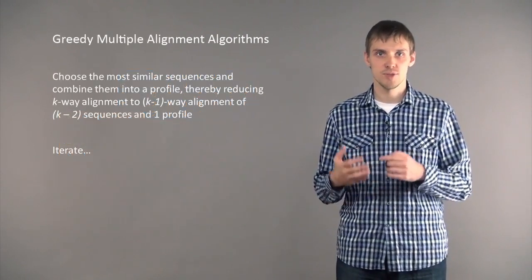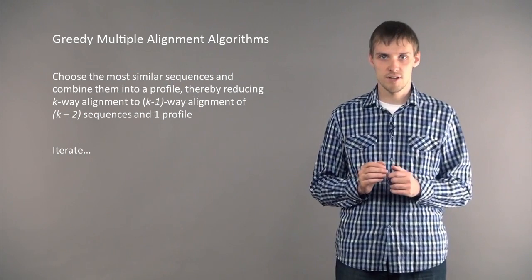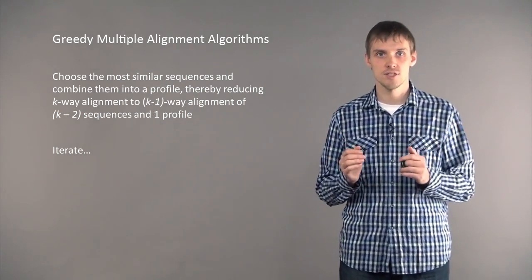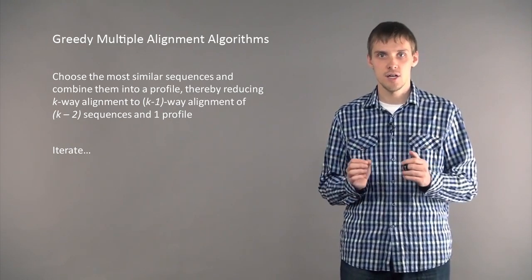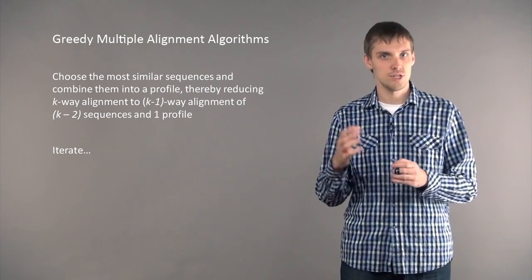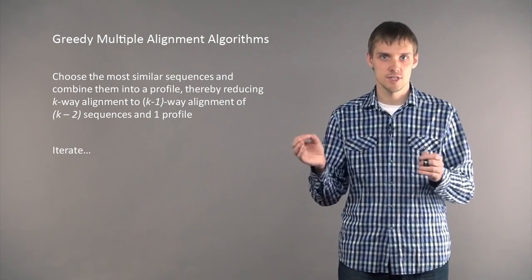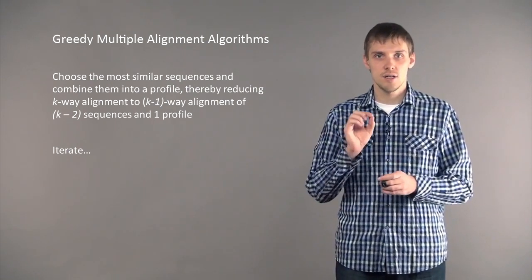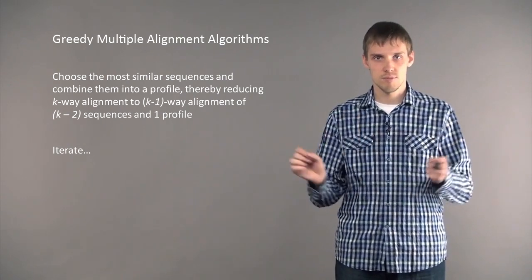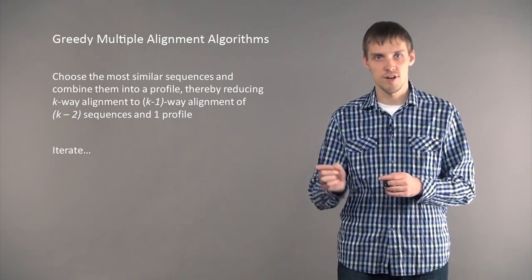We can construct a simple greedy algorithm. We will calculate all pairwise alignments between all sequences. For example, we have k sequences at the start. We will calculate all pairwise alignments of these k sequences, which is proportional to the quadratic number of these sequences, and we will find the 2 closest sequences among all of them, and we will join these two sequences into a profile.